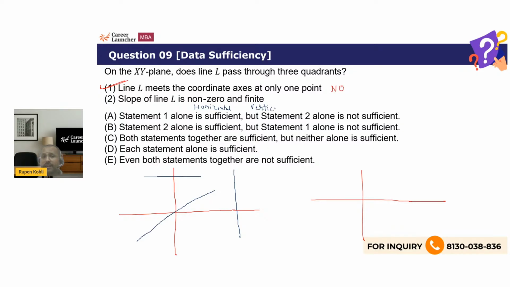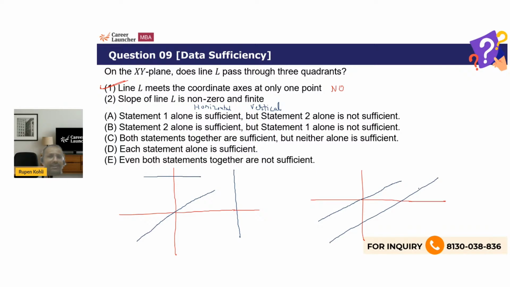For a vertical line, the slope is undefined, right? So the line is neither horizontal nor vertical. So it could be passing through origin and hence passing through only two quadrants, or it could be in some other way like this and then passing through three quadrants.